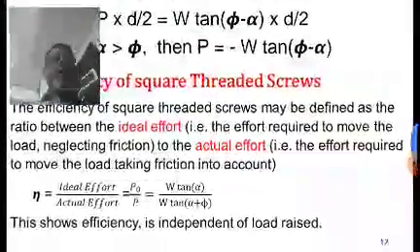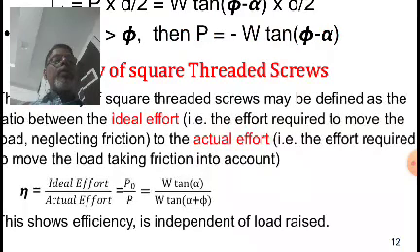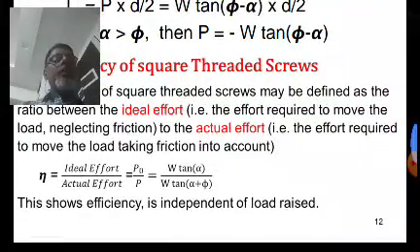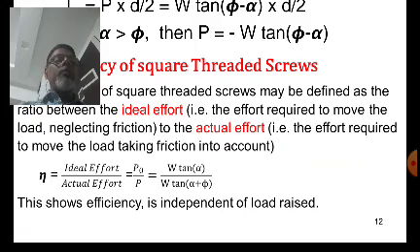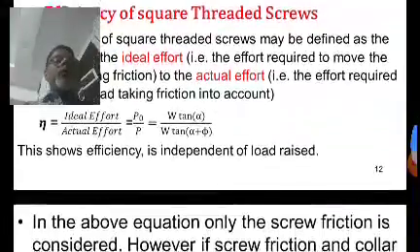Then the ideal effort is P equal to W into tan (alpha plus phi), and with phi equal to 0 it is W into tan alpha, divided by the actual effort, where definitely there will be friction, so W into tan (alpha plus phi). So this gives you the efficiency, which is independent of the load. See, W and W will get cancelled, so efficiency is equal to tan alpha divided by tan (alpha plus phi) to raise the load.